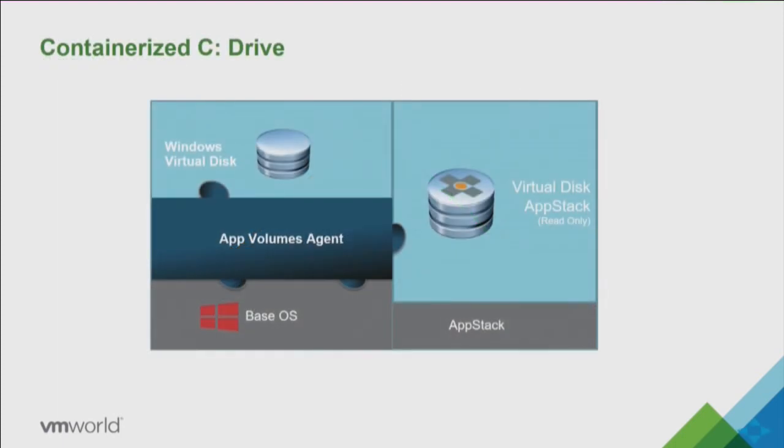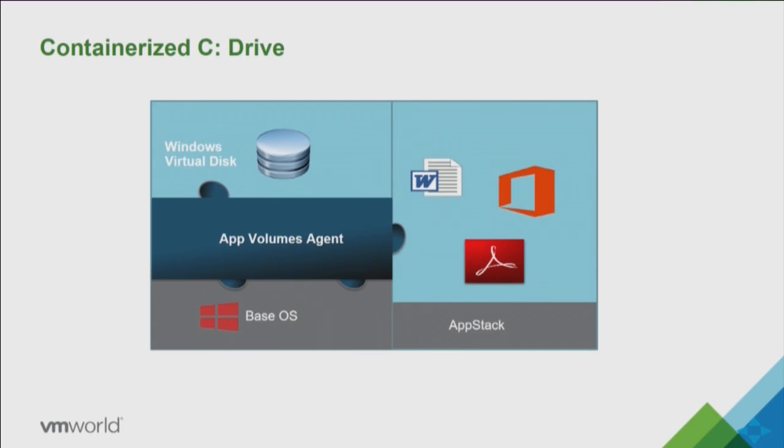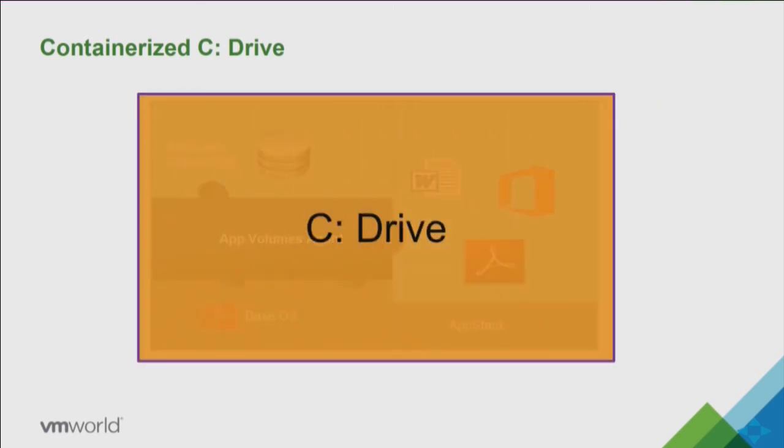If you look at it a little more closely, you've got the agent, which is tied into the Windows OS VMDK and the app stack VMDK. That app stack VMDK has the applications on it, but as far as Windows is concerned and the user is concerned, that's all one happy C drive, and it seamlessly integrates those applications with the operating system.